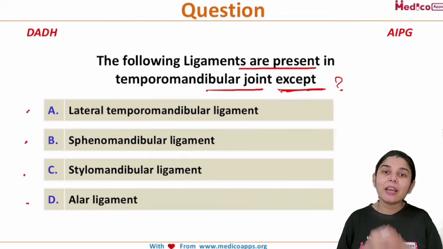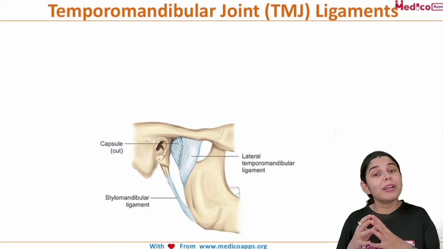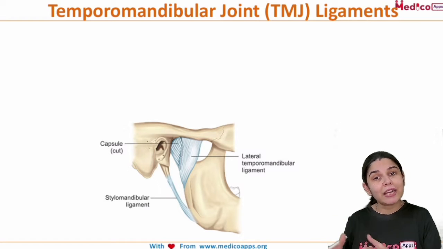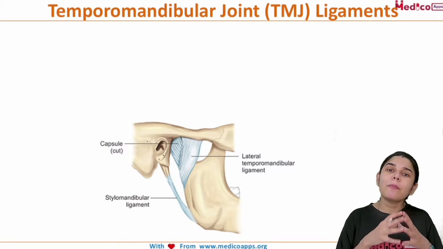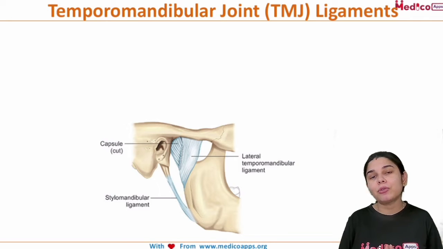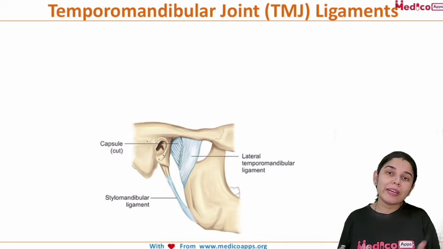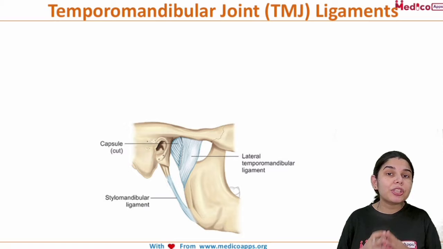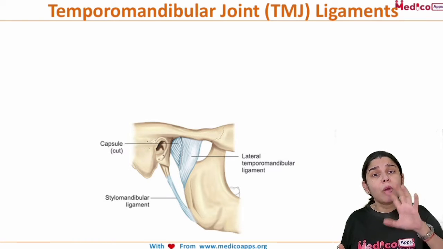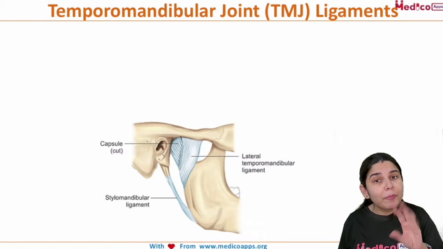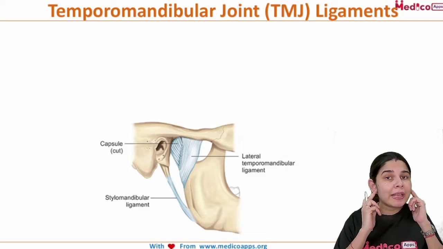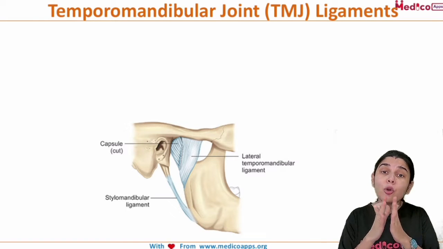Firstly, we have to know what exactly we mean by temporomandibular joint ligament, and what the basic function of this is. The function of the TMJ ligament is to provide stability to the mandible. It prevents the posterior displacement of the mandible, and it also constrains the mandible while opening the mouth, so that the condyle remains close to the joint.